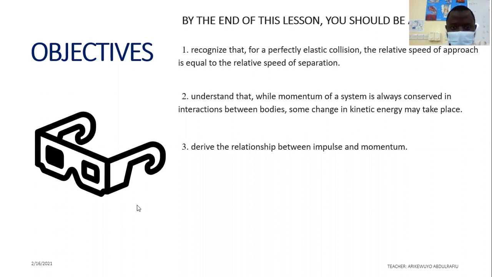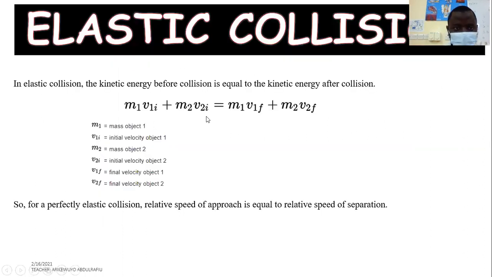All right, so now let's take elastic collision. Collision is a sudden coming together of two objects, an accidental coming together of two objects. For example, if I have a ball and another ball in front, and I hit this ball and it moves, it is going to collide with the other ball.